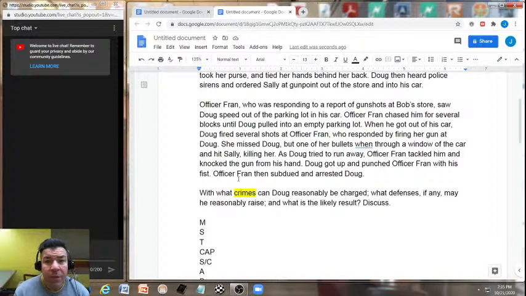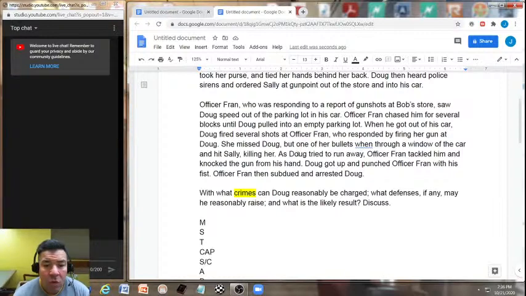This wouldn't have happened at all, except for the fact that Doug is still engaging in the perpetration of the felony. He's fleeing from the scene. In other words, like we just said, he hasn't reached a place of safe harbor, and he is criminally liable for the death of Sally.